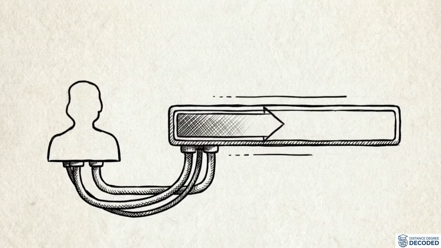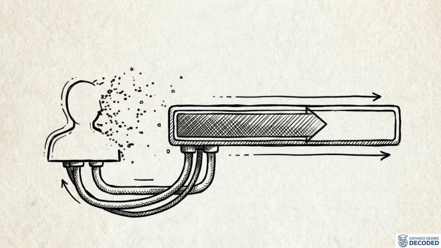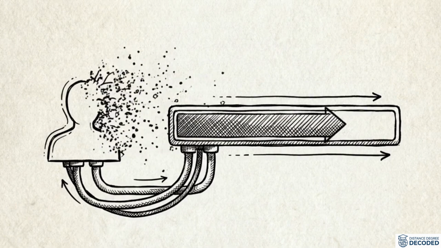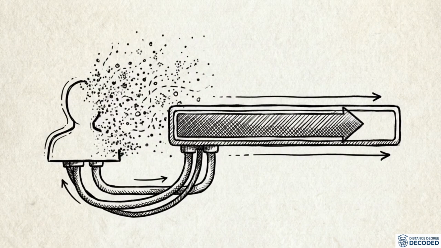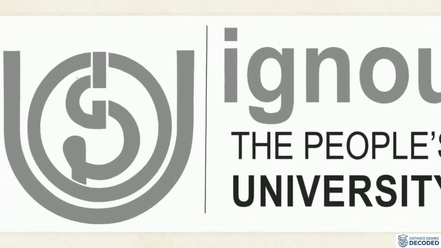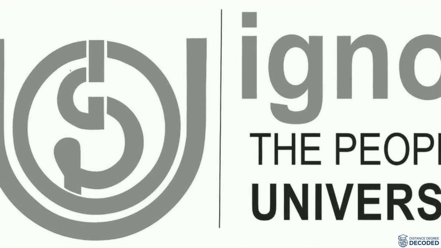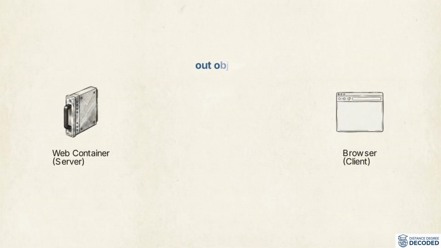Executing continuous logic introduces a structural problem. The HTTP protocol is stateless. The server inherently forgets a user the exact moment a page finishes loading. To solve this, the JSP container automatically provisions 9 predefined variables, known as implicit objects, directly into the active service method. The out object is used constantly.